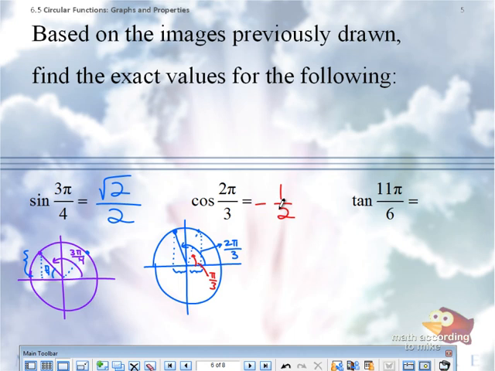Next one. Tangent of 11 pi over 6. What quadrant is 11 pi over 6 in? Fourth quadrant.